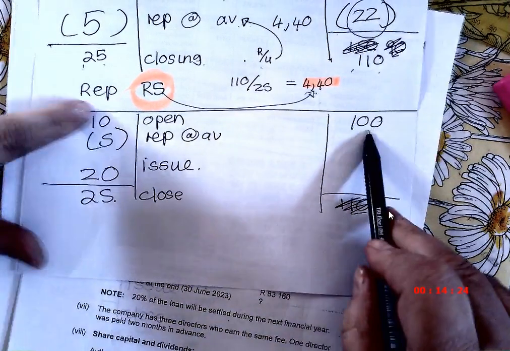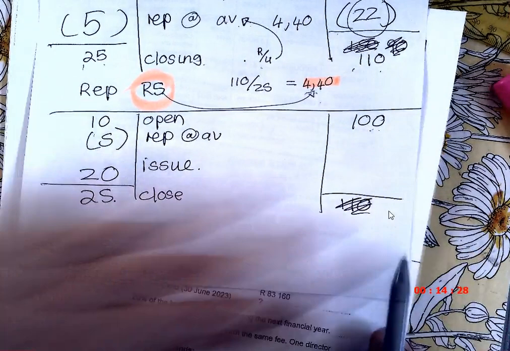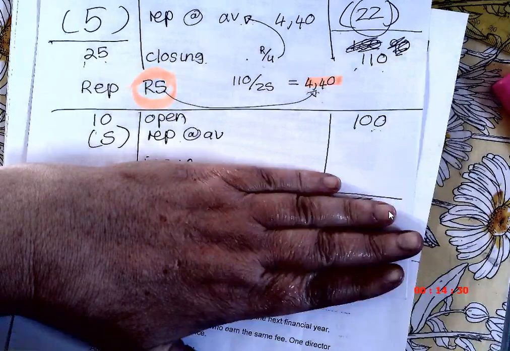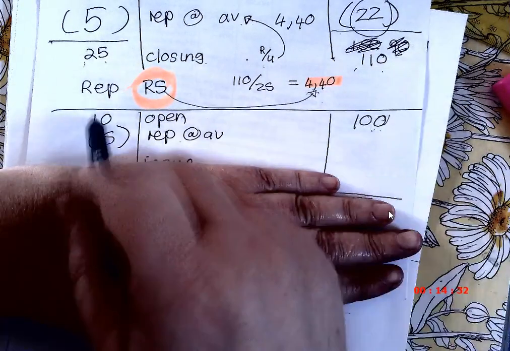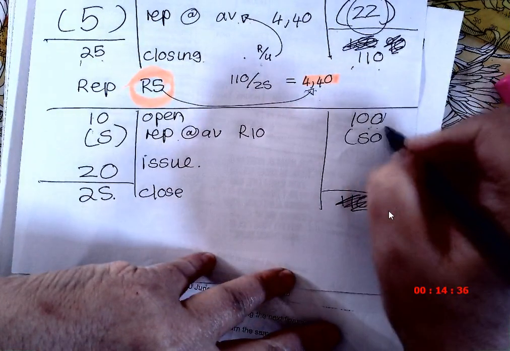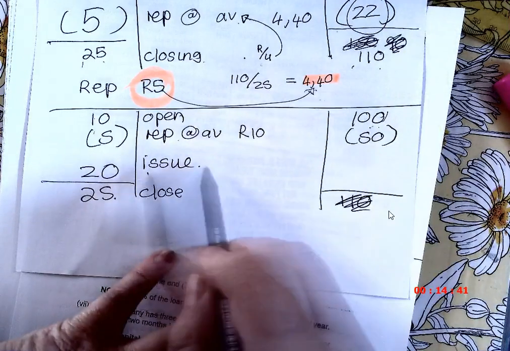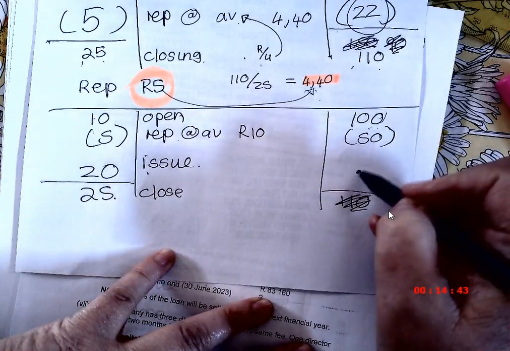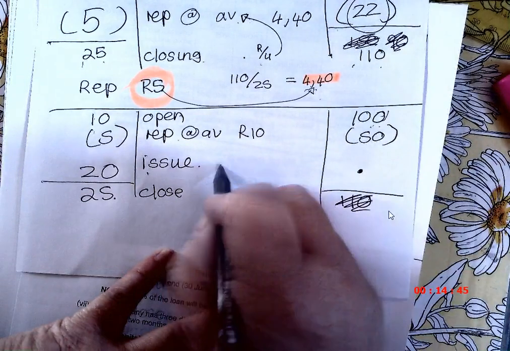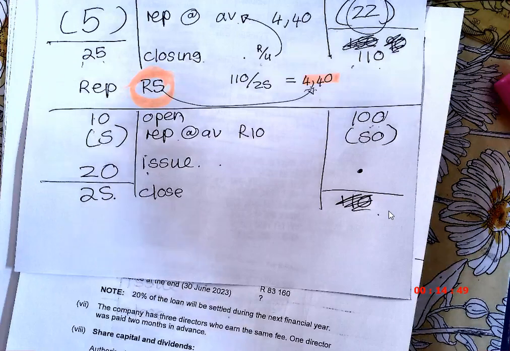They just give me an opening. So now, can you see nothing happened between the opening and the repurchase? So 100 divided by 10 gives me 10. So this is going to be 50. Then 100 less 50, they're going to have to tell me either the issued information or the final information that I can reverse.